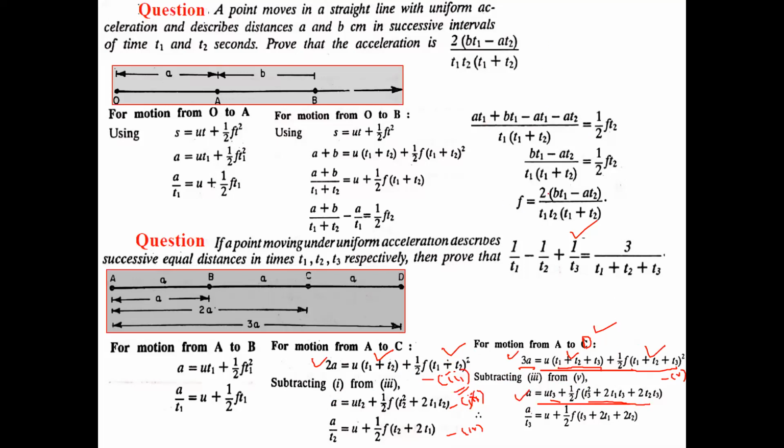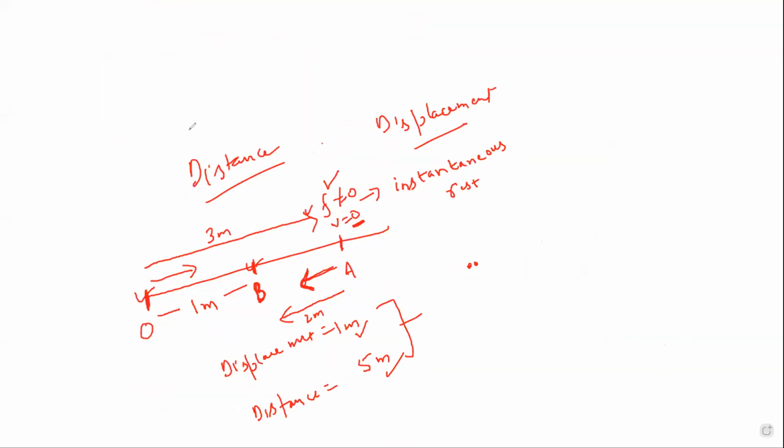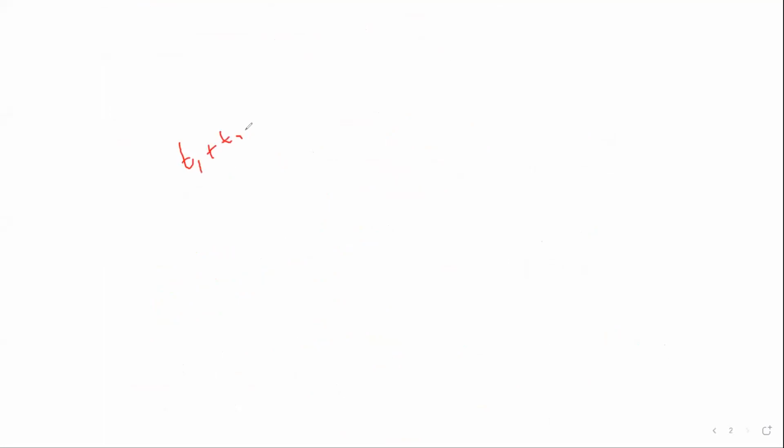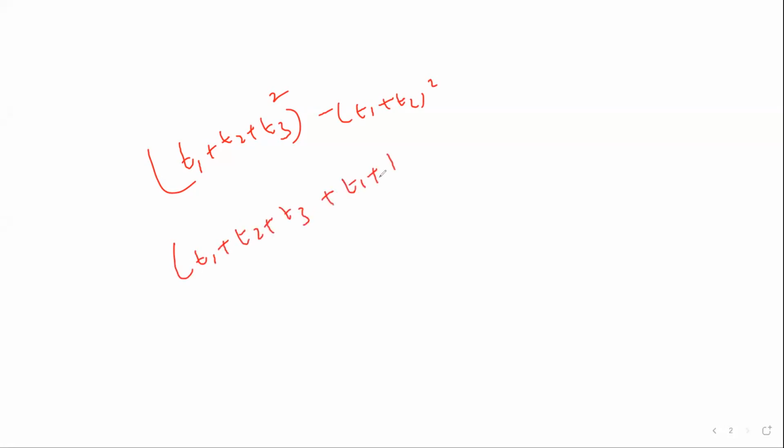I show you, because we have T1 plus T2 plus T3 square minus T1 plus T2 square, a square minus b square. So a square minus b square is a plus b into a minus b. So a plus b, a minus b, T1, T2 will be cancelled out.